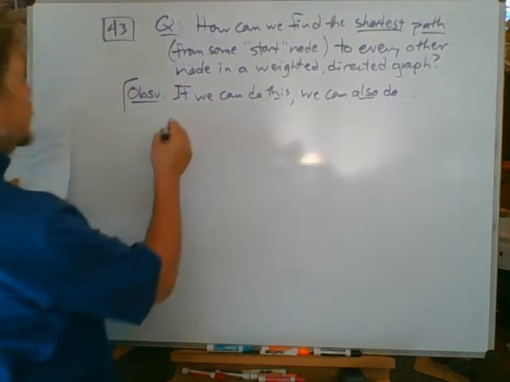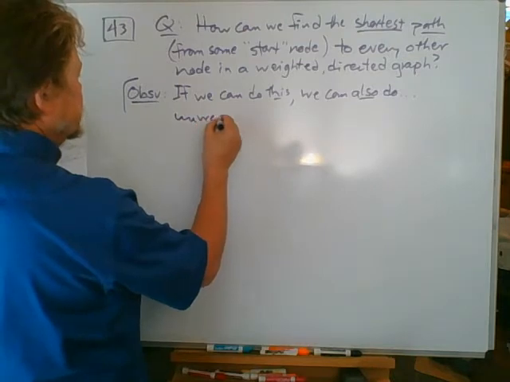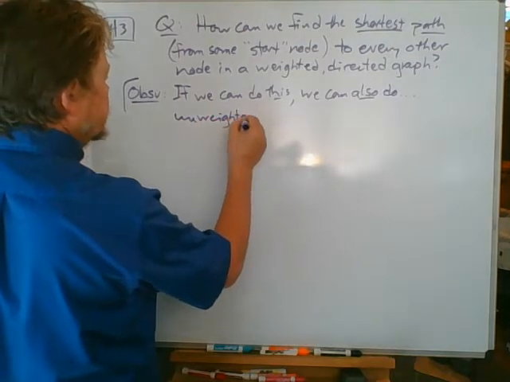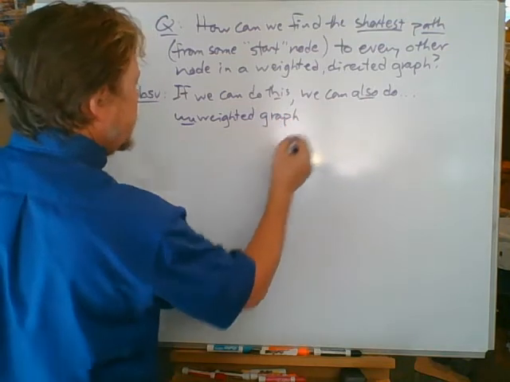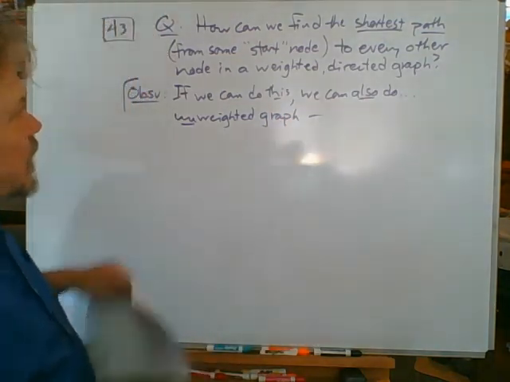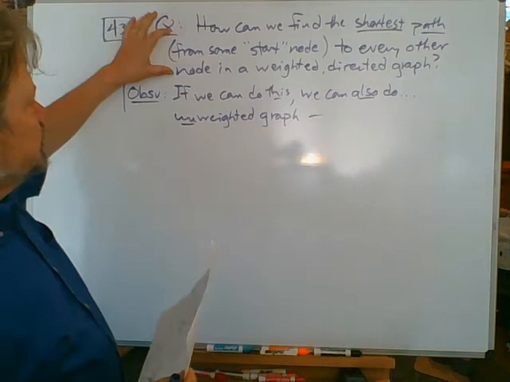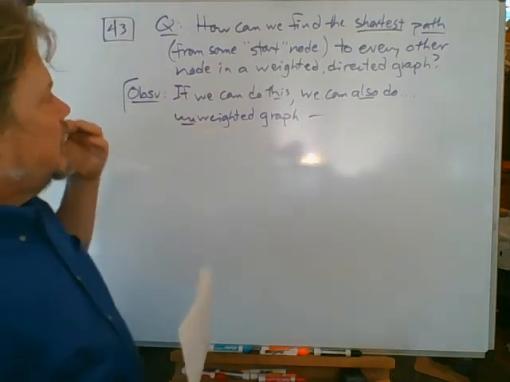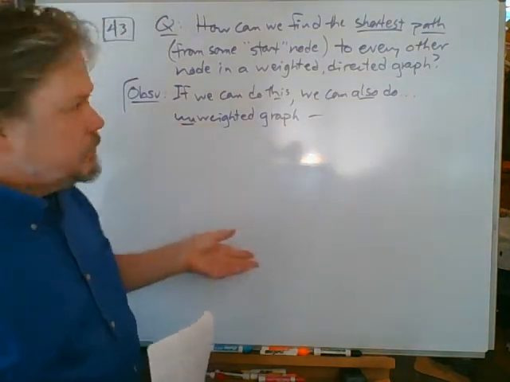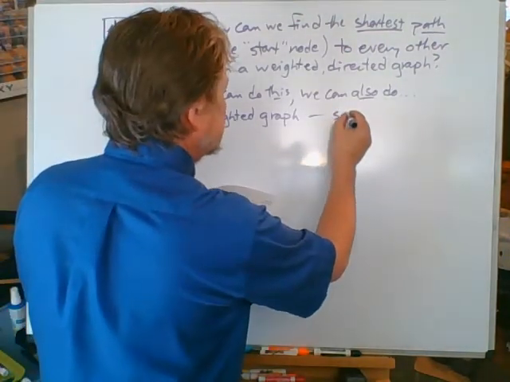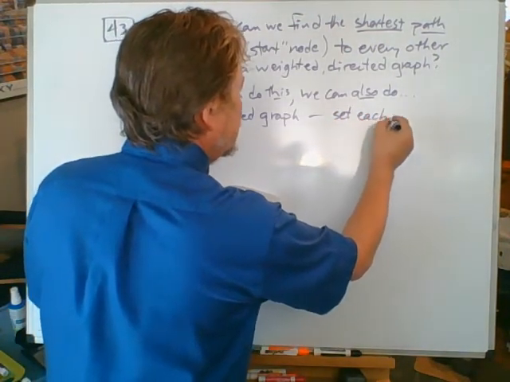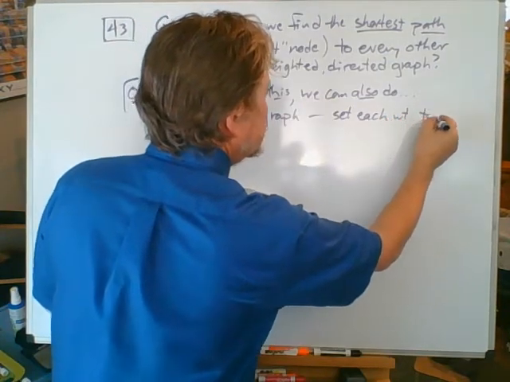We can also do an unweighted graph. How so? If we know how to solve this problem, finding the shortest path in a weighted directed graph from one node to every other node, we could do that for an unweighted graph. Just set each weight to 1.